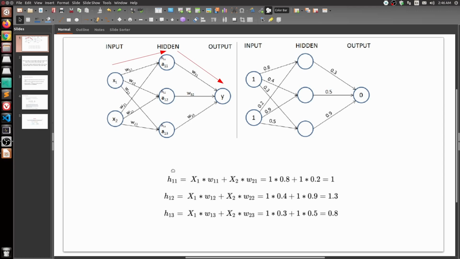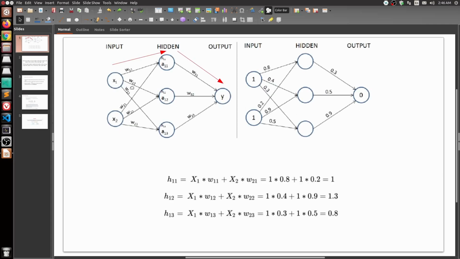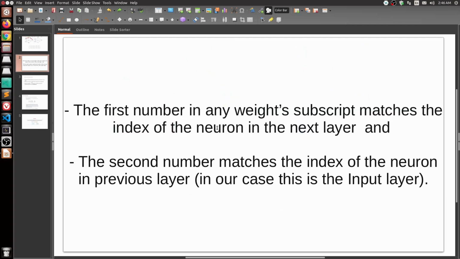By the normal terminology, let's see the rule for how these subscripts are determined. When I say W12 or W22 or W11, the first number in any weight subscript matches the index of the neuron in the next layer, and the second number matches the index of the neuron in the previous layer.